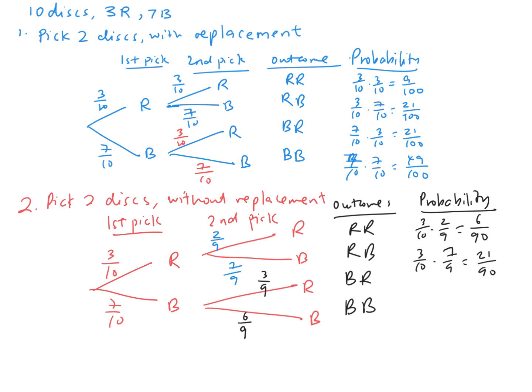The third one, blue-red, will be 7 out of 10 times 3 out of 9, you get 21 out of 90. And blue-blue will be 7 out of 10 times 6 out of 9, you get 42 out of 90. You can see for the four situations, when you add them up, they should equal 1, just like for the first case.